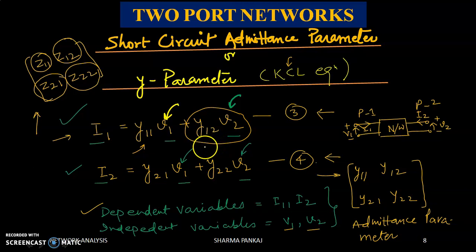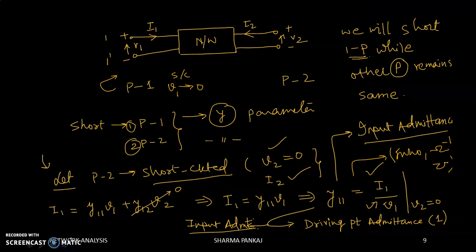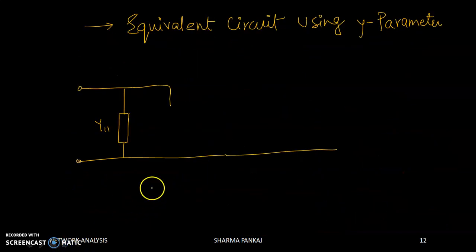How are current sources drawn? It is drawn like a diamond shape. This is a voltage controlled current source. The source is a current source, so it is like this.